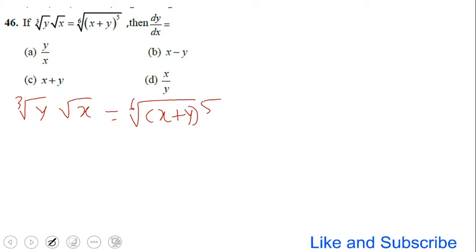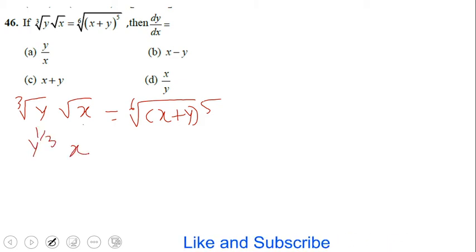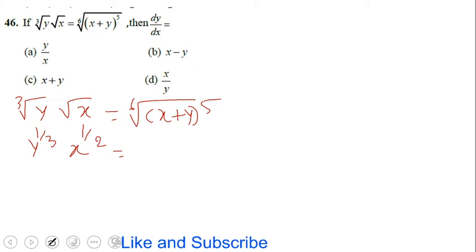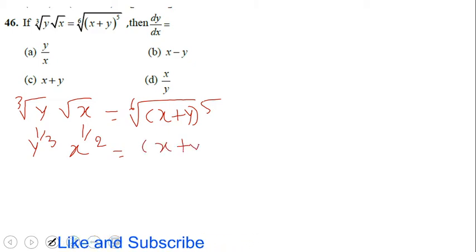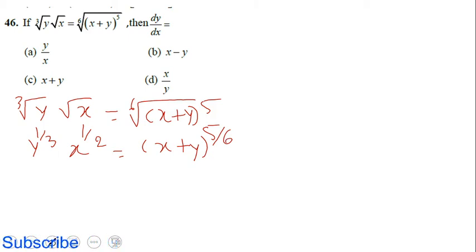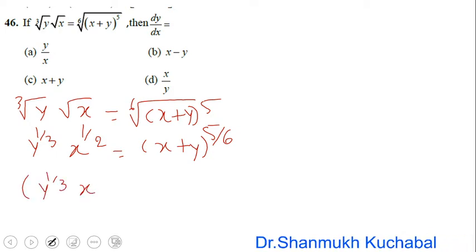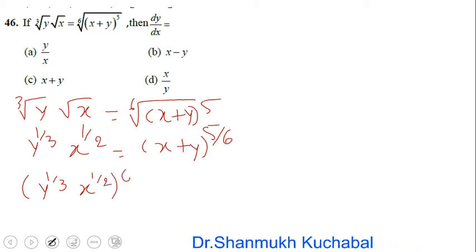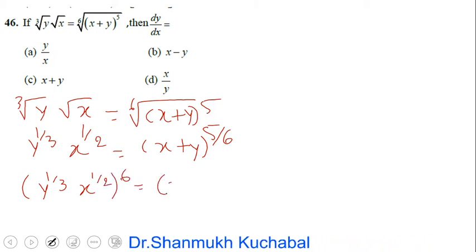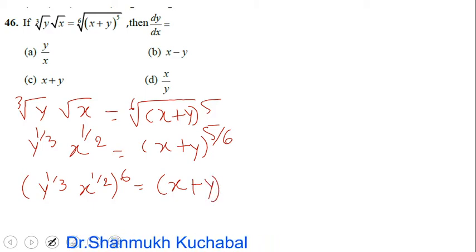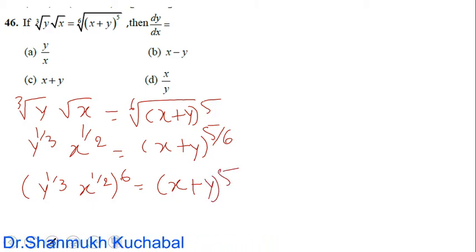So I can write cube root as y raised to 1 by 3, x raised to 1 by 2, next x plus y raised to 5 by 6 over here. So 1 upon 6 transporting to LHS, raised to 6 it will become y raised to 1 by 3, x raised to 1 by 2 raised to 6 equal to x plus y raised to 5.